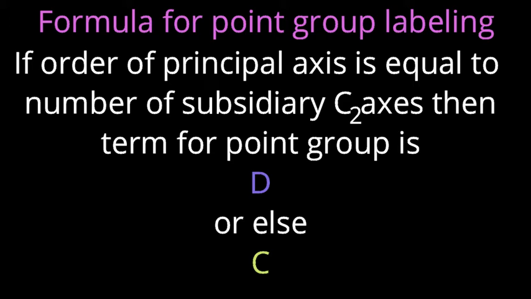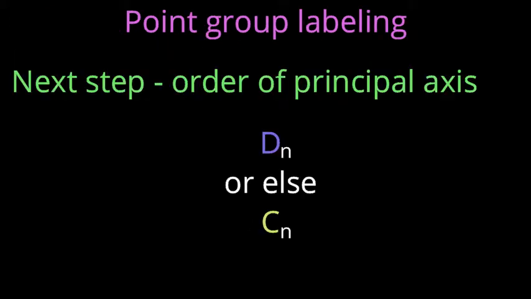I repeat the formula. If order of the principal axis n is equal to number of subsidiary C2 axes, then capital D or else capital C. This is a first point of distinguishing the point groups or labeling the point groups. After the C or D categorization, we need to represent order of the principal axis.